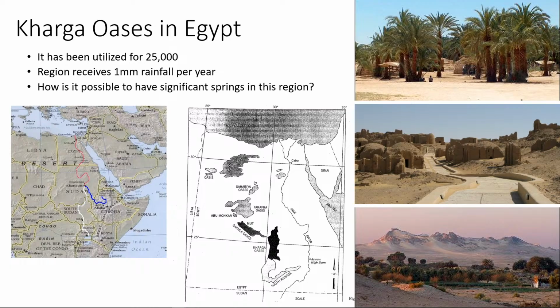Okay, let's look at this example here. This is the Kharga oasis in Egypt, as you see in these images, because people have lived there for more than 2,500 years.